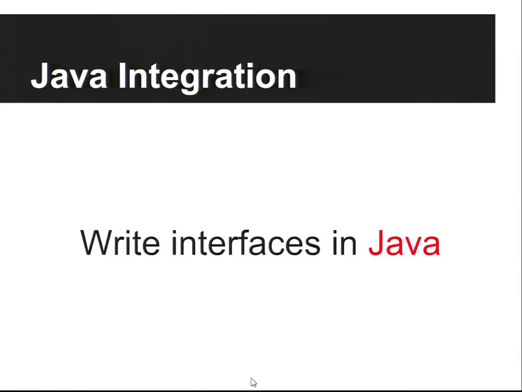All right, a little bit about Java integration, because that's kind of important with Scala. We're always integrating with other things. You should write your interfaces in Java. You can write your interface in Scala. If you write a trait that has no concrete methods, it turns into a Java interface, but it's usually just safer to write it in Java so people don't sneak in Scala concepts. If you sneak in too much advanced Scala, it's really hard to call from Java. Some of the really advanced Scala things don't look nice in Java.